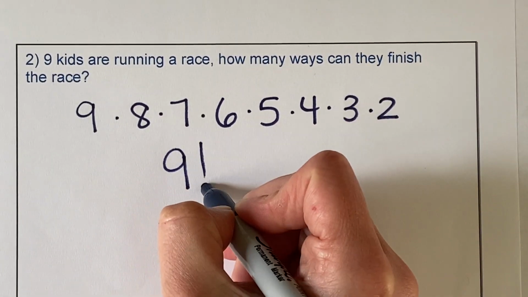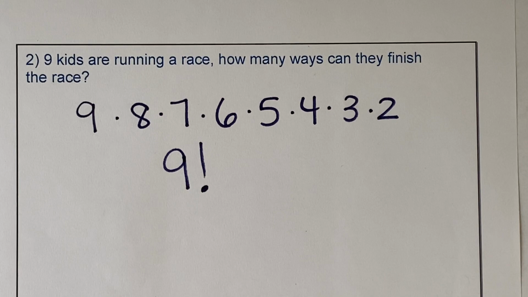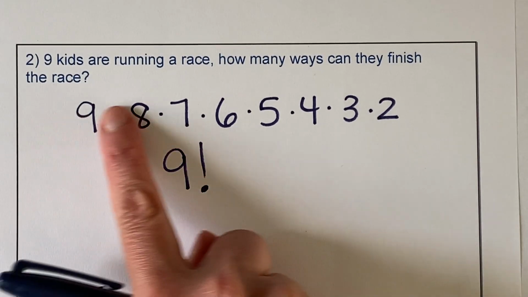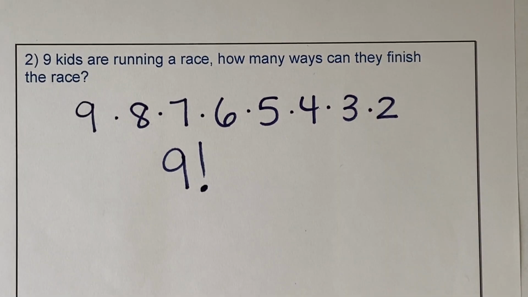This is 9 factorial because I care about all the kids. So either you're going to take your calculator and figure that out, or you have a factorial button on your calculator and you're going to figure it out. Okay, next.